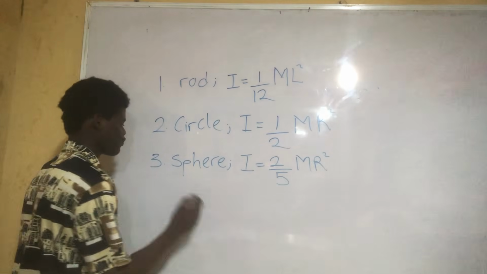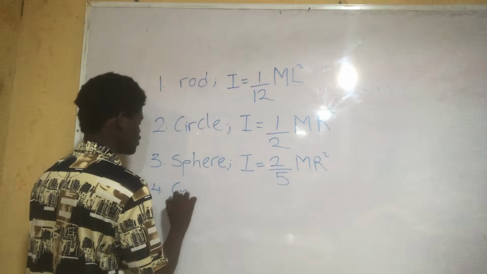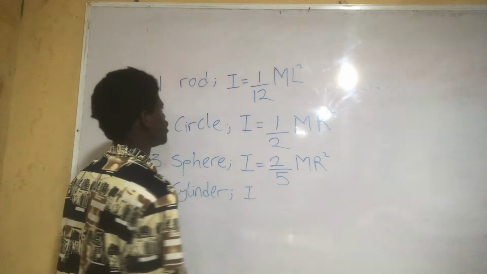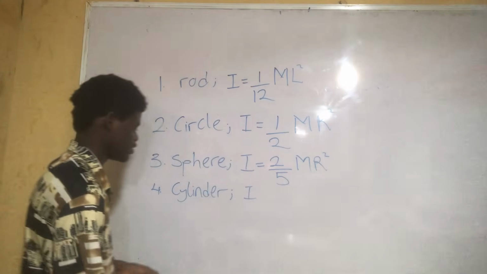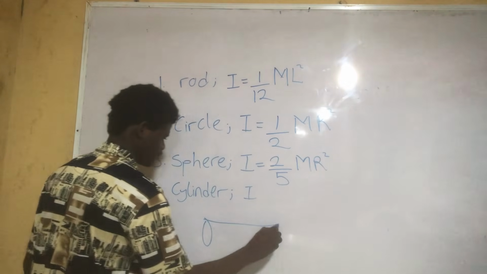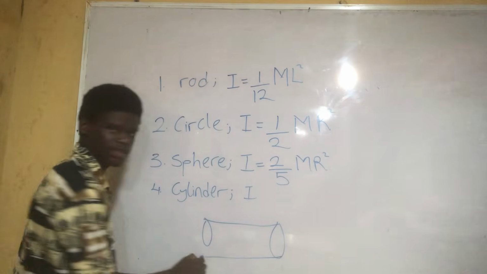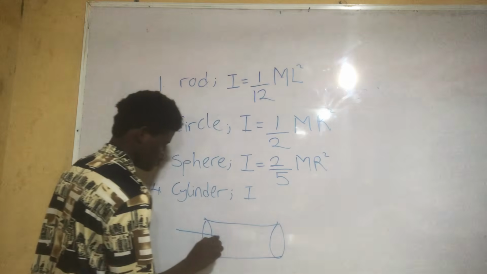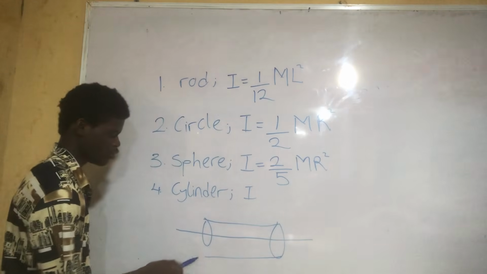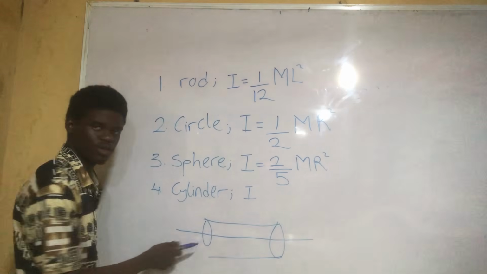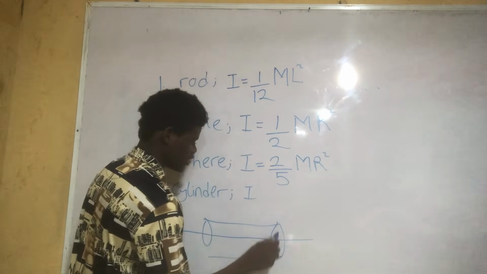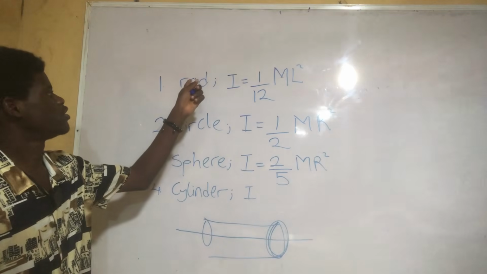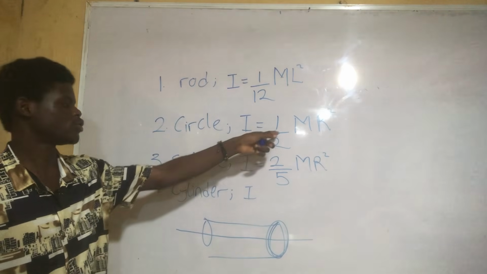For a cylinder, the moment of inertia is actually the same as that of a circle, because a cylinder is like this. This is the shape of a cylinder. When we are considering the axis to be taken like this, a cylinder is just like two circles, so it is still a circle, and the moment of inertia is still 1/2 mr².